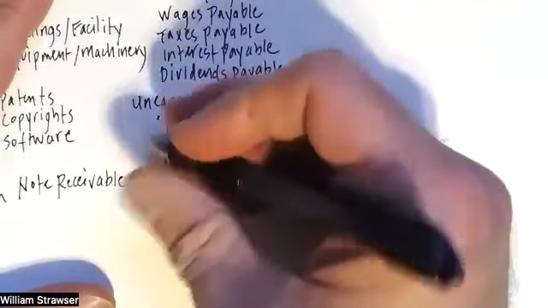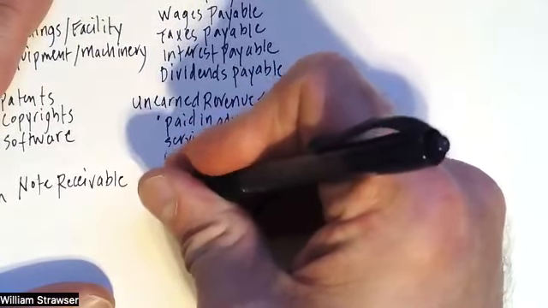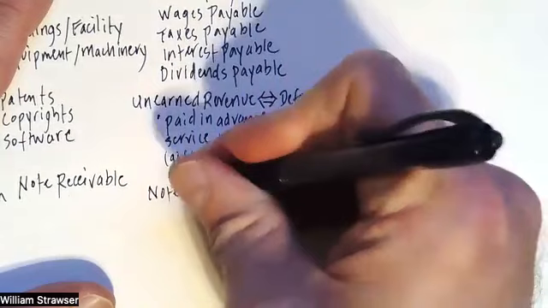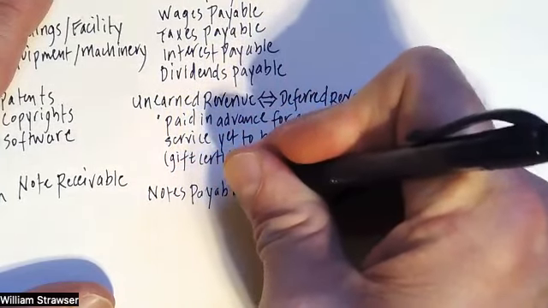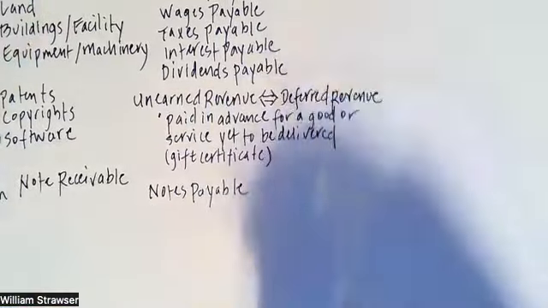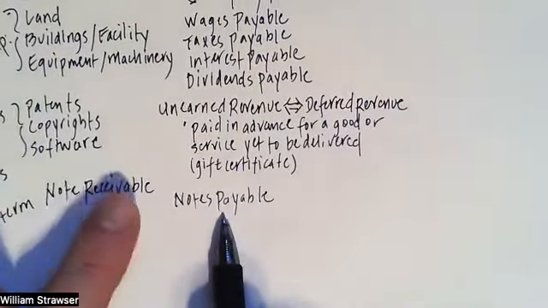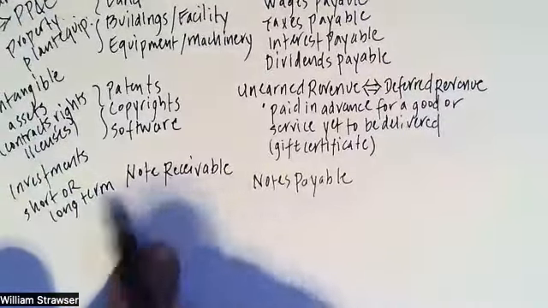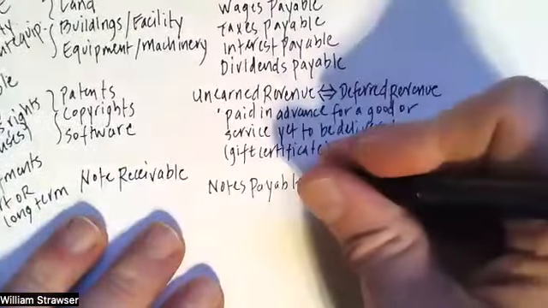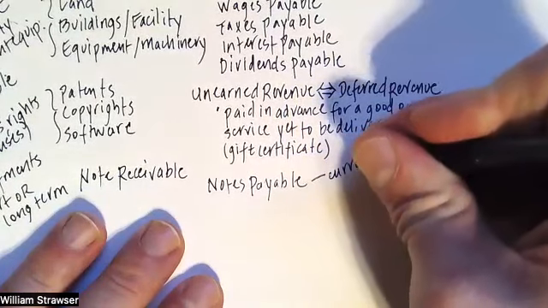And then finally, we get to notes payable, and we won't really talk about bonds payable in intermediate one. It's a related topic. But again, we have the symmetry between notes receivable and notes payable. And just like notes receivable, this can be current or long-term.